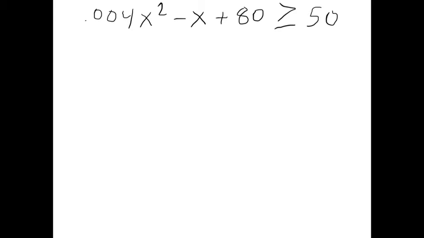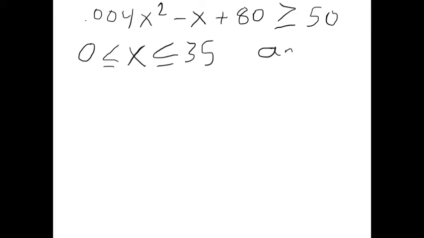So the answer that we came up with was, we want to know x is between 0, there's x, the distance. When x is greater than or equal to 0, and when x is less than or equal to 35 feet.